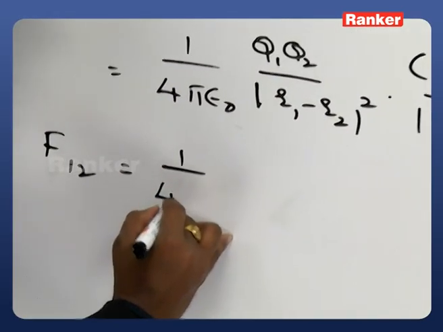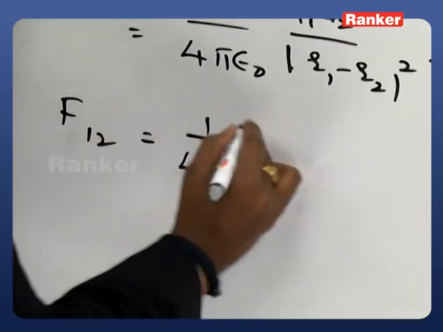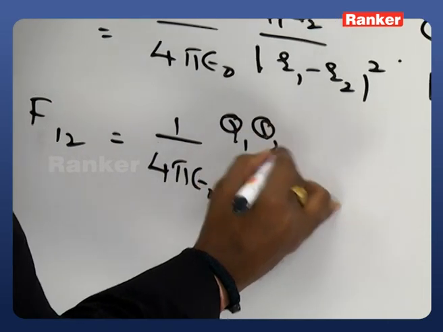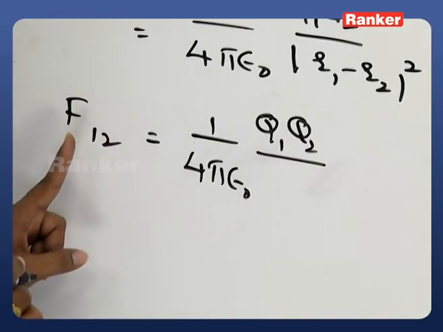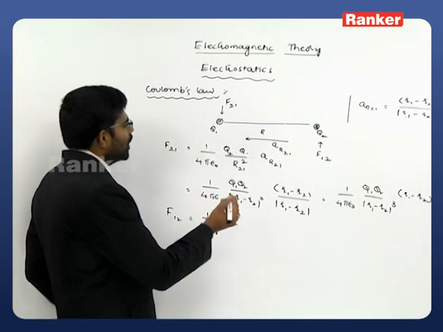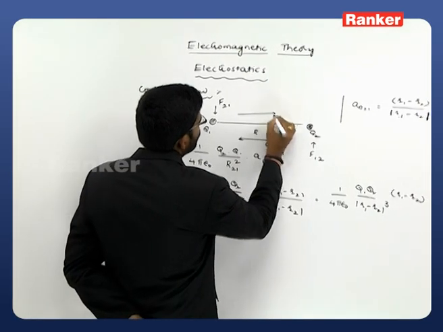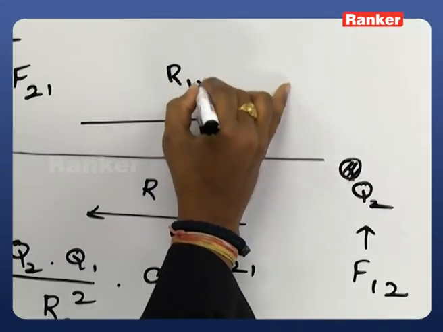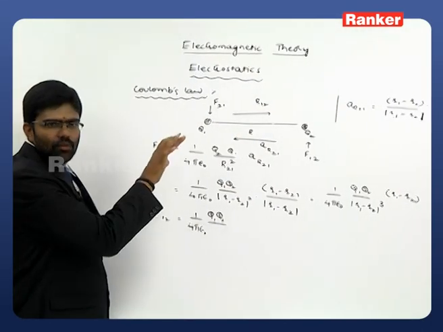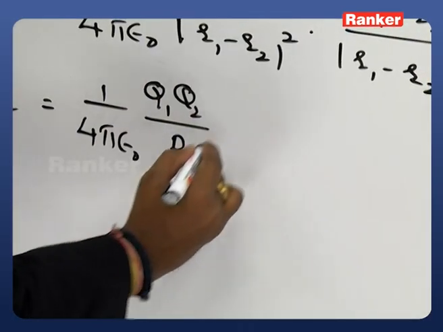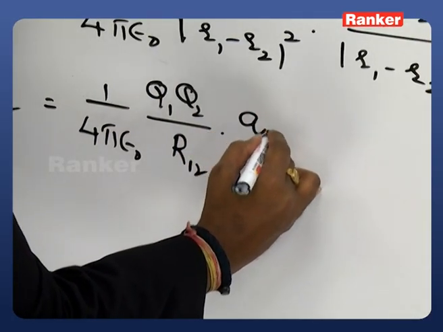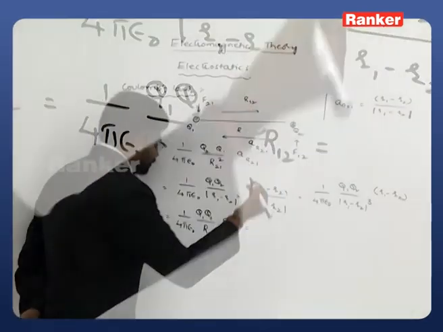The constant is 1 by 4 pi epsilon naught, the charges are q1 q2 divided by, now here also we require the distance between these two. For our convenience I will take the distance as r12, the distance is always a scalar quantity, remember that, r12 multiplied with its unit vector a r12.